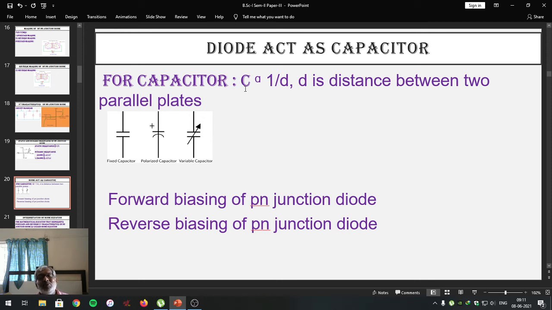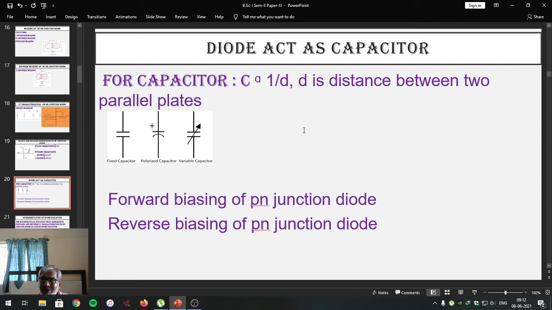And the reverse is true. If the distance between 2 parallel plates is decreased, then the capacitance of the capacitor increases. I hope this is the concept which you already studied, might be in 12th standard or in last semester paper number 1.